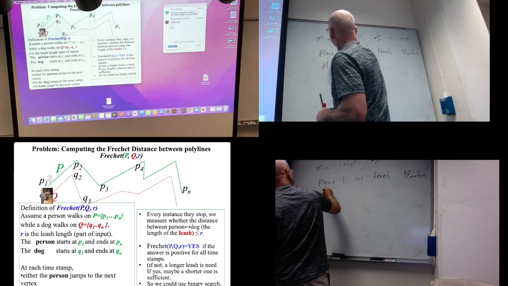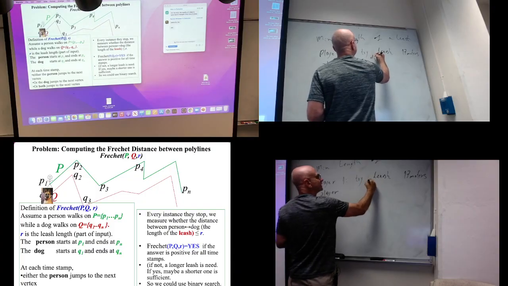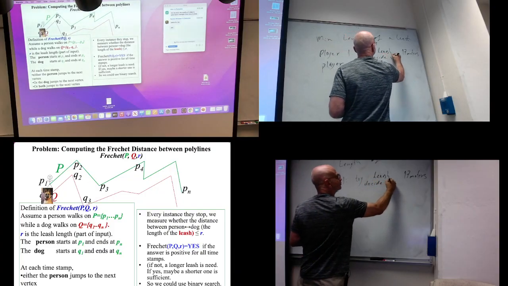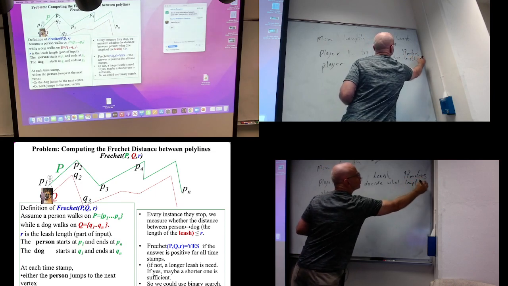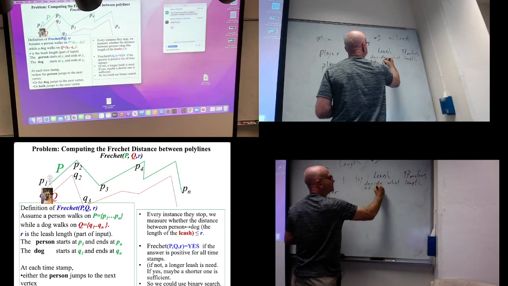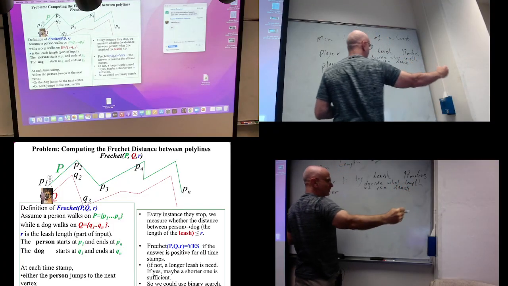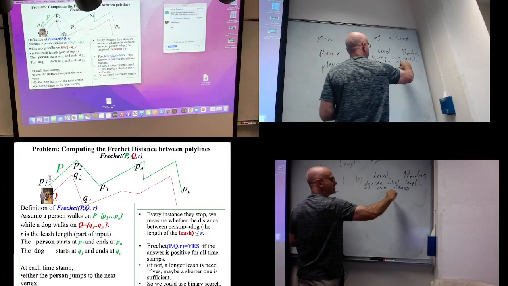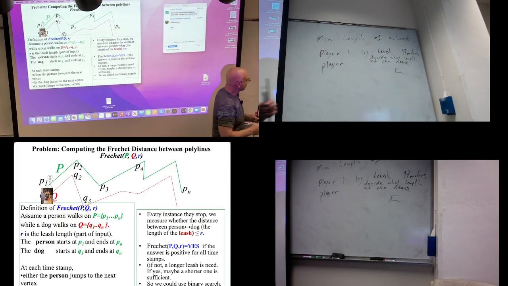That is, player one decides what length of the leash. We'll denote the length of the leash as R. R will be the parameter that we'll use to denote the length of the leash.